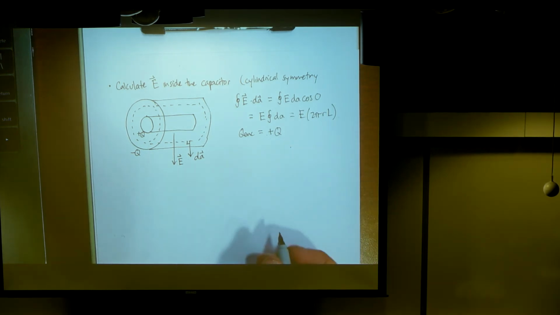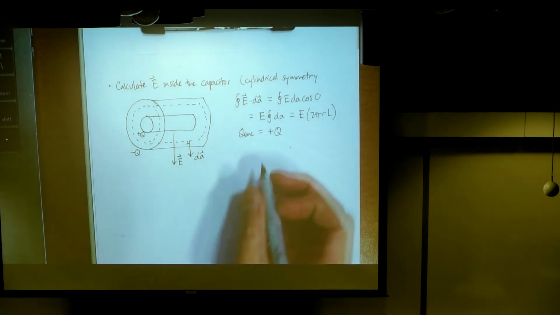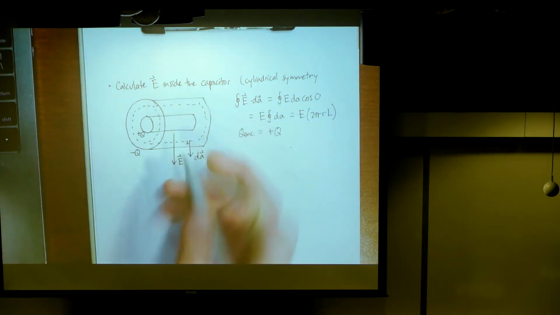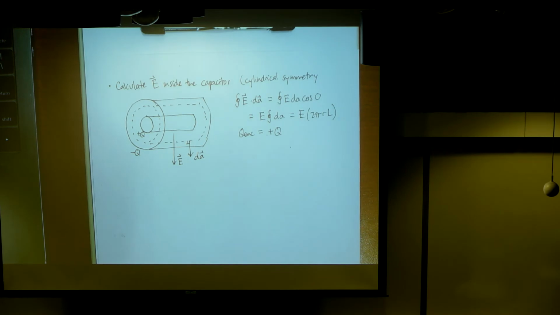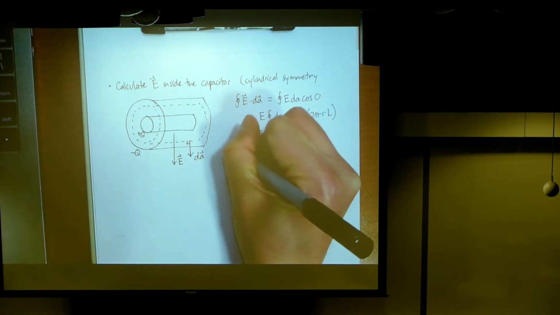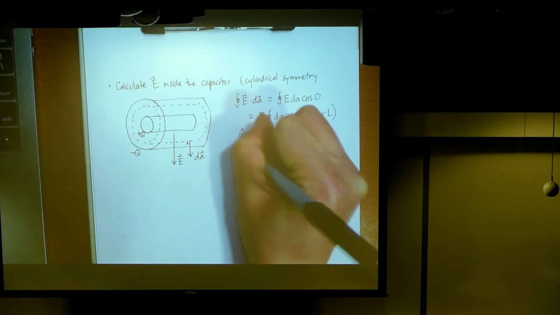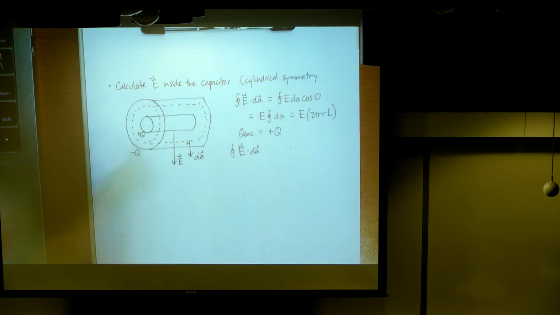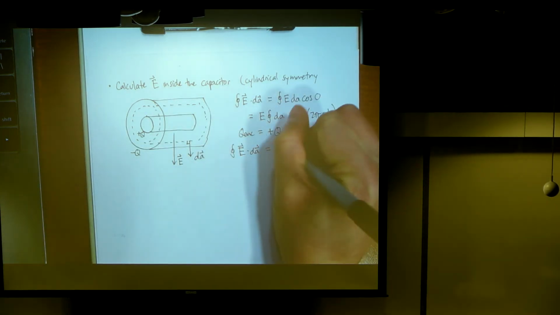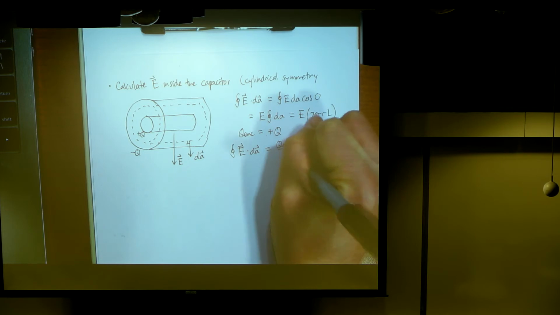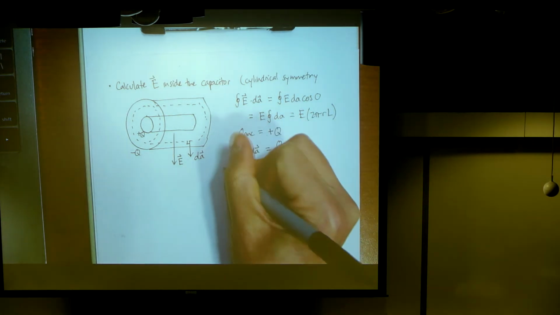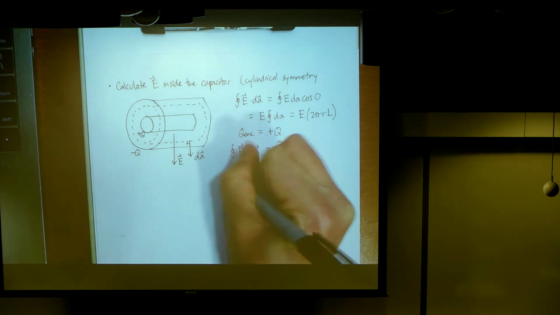So therefore, check this out. In between the two conductors, inside the capacitor, I'm going to apply Gauss's law, which says E dot dA integrated over my surface equals Q enclosed over epsilon naught. So what I get for E dot dA, we evaluated that integral.